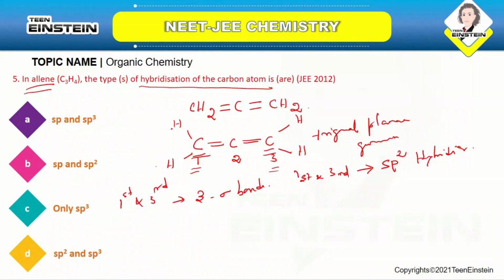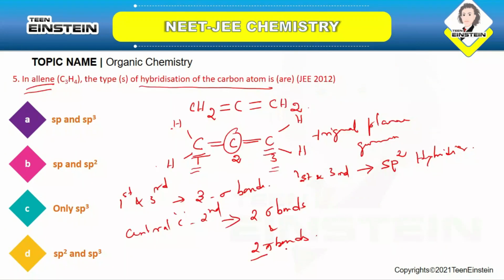Next come to the second carbon, the central carbon, which is attached with 2 sigma bonds, one on each side, and with 2 pi bonds. Pi bonds are not formed by hybrid orbitals, so they are not counted for hybridization.